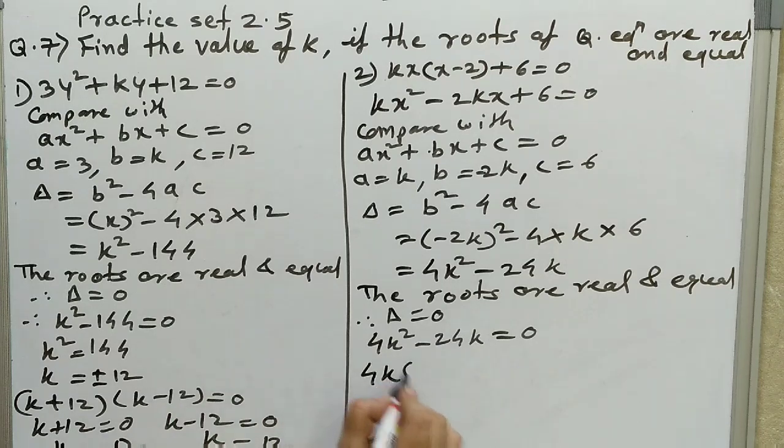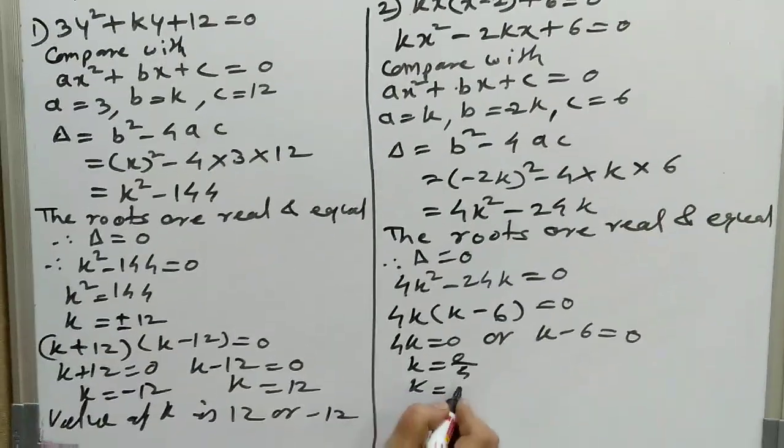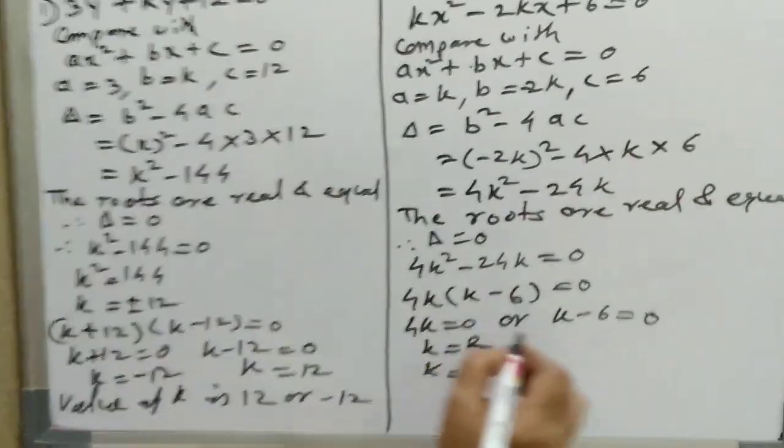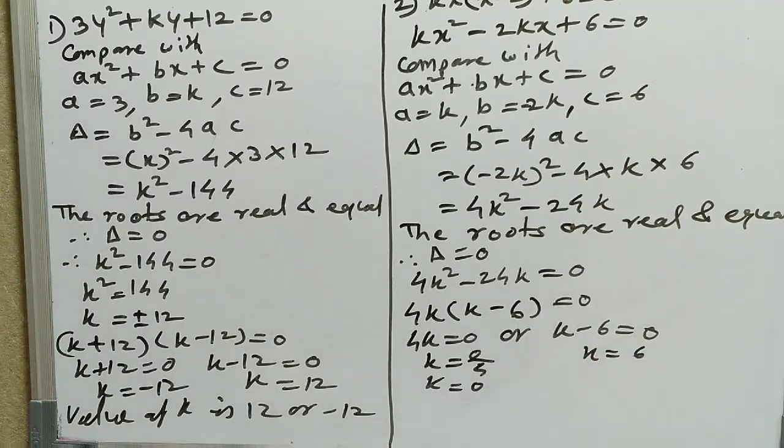So 4k, so k remains, minus here 6 is equal to 0. So 4k equal to 0 or k minus 6 equal to 0. Here k multiply, that side divides, so 0 upon 4, so k is equal to 0. Now here k is equal to 6, here minus, that side plus. So value of k is 0 and 6.